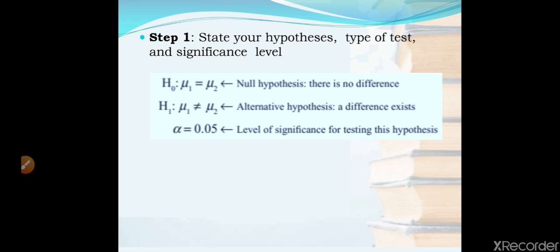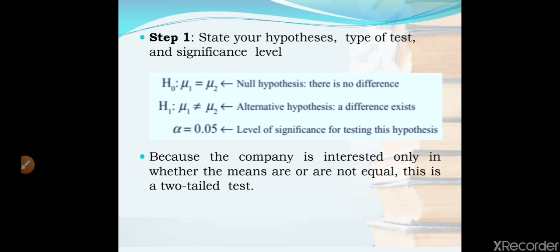The alternative hypothesis H1 is mu1 not equal to mu2, meaning there is a difference, and the level of significance is 0.05. Because the company is interested only in whether the means are or are not equal, this is a two-tailed test.